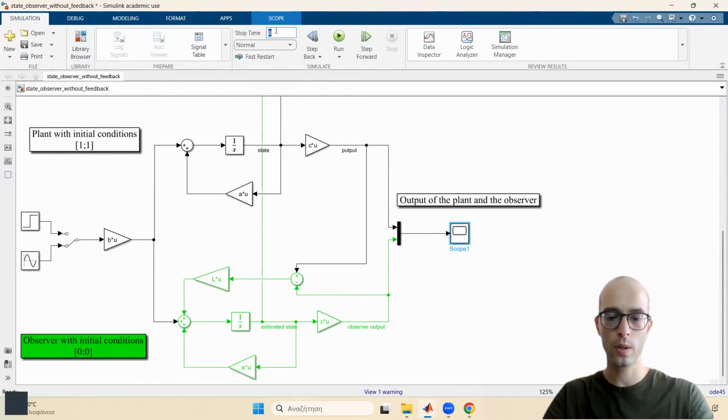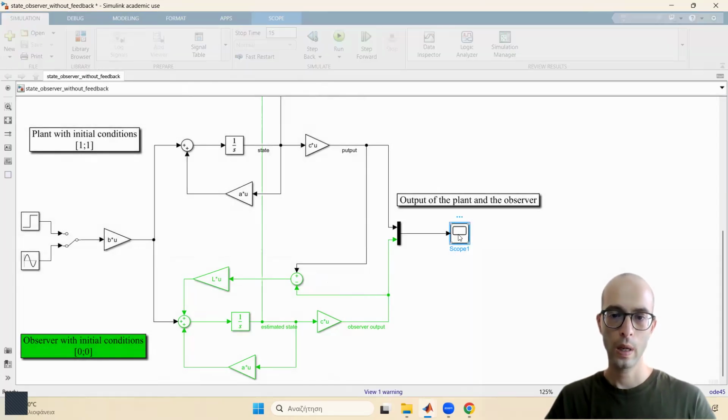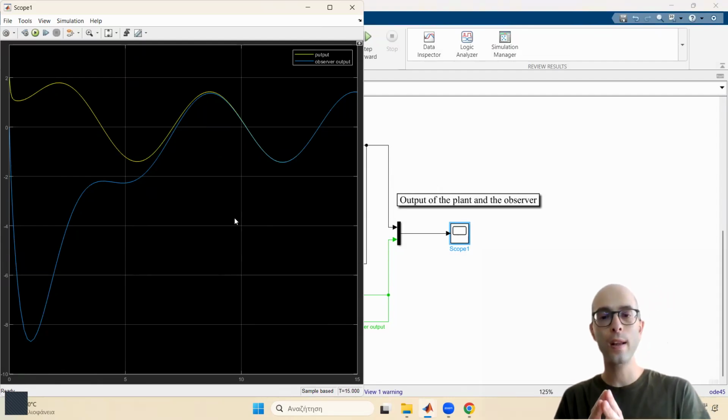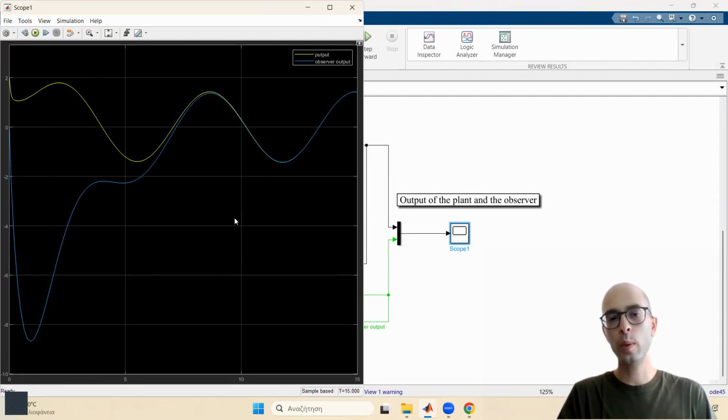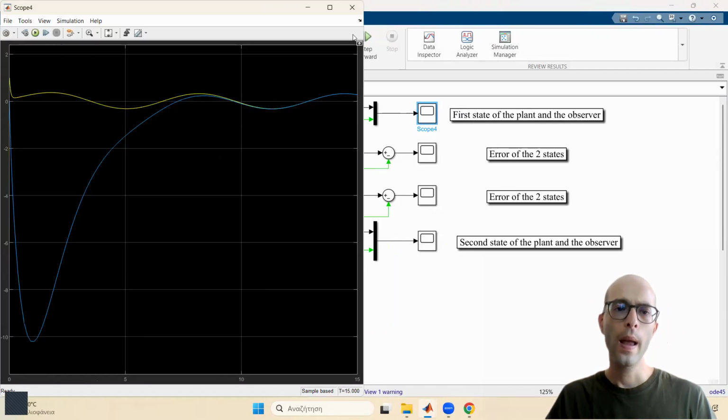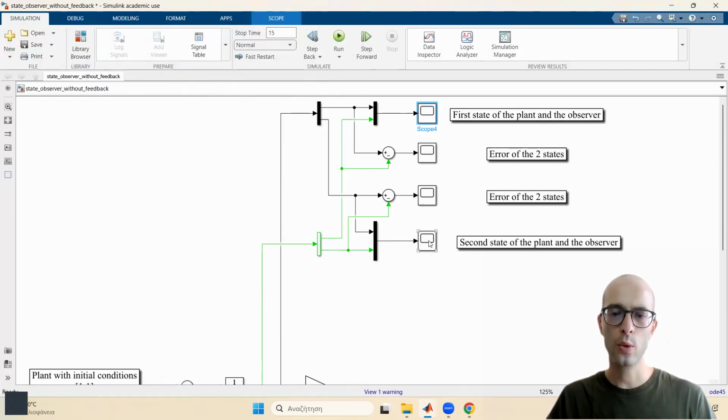Let me increase the simulation to 15 seconds. So you see, just because in the pole placement I didn't place the eigenvalues further to the left, convergence between the observer and the original system is now much, much slower. It takes around 10 seconds. Of course, this holds for the output and pretty much all the states as well.